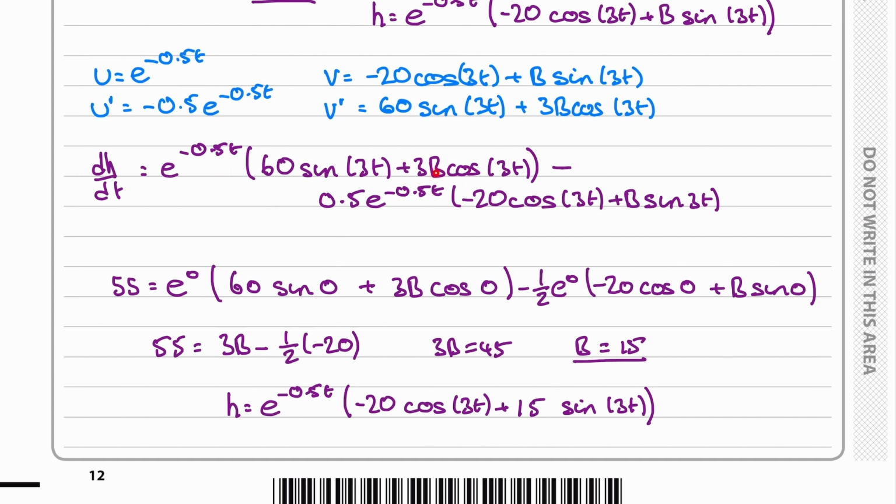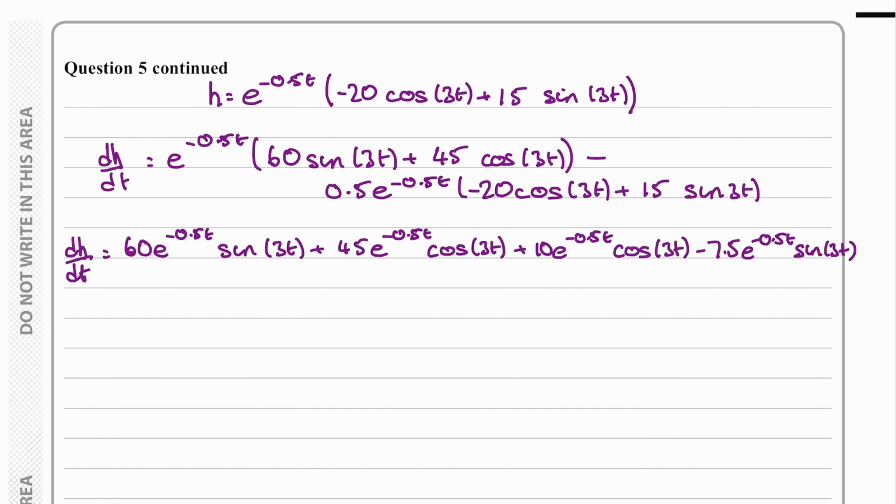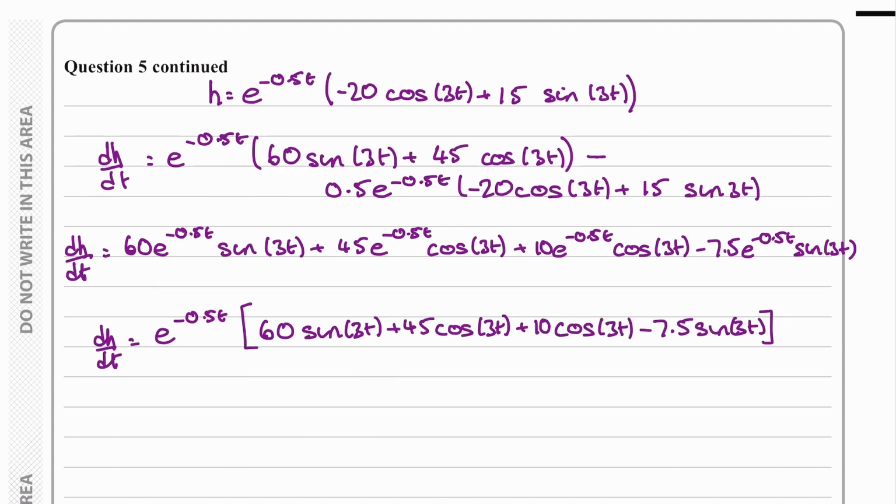So if I replace this b with a 15 and tidy this up, we'll set it equal to 0, and then we'll solve the equation for t. So the first thing we'll do to tidy this up is we'll expand out the brackets. Okay, so at this point, we've expanded the brackets, and I'm going to factor out this e to the negative 0.5t. And from this point, we'll collect the sine terms together, and we'll collect the cos terms together.